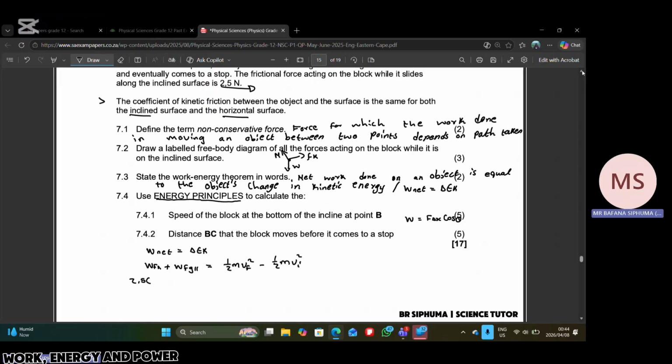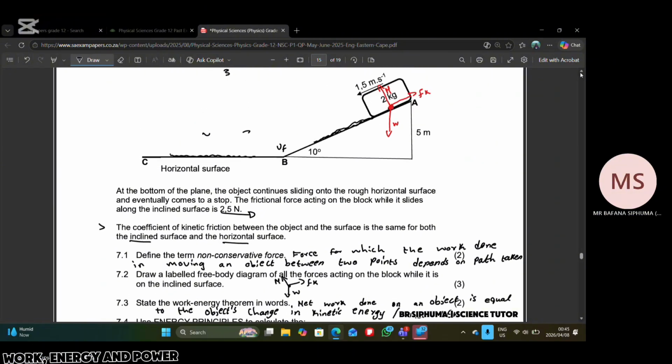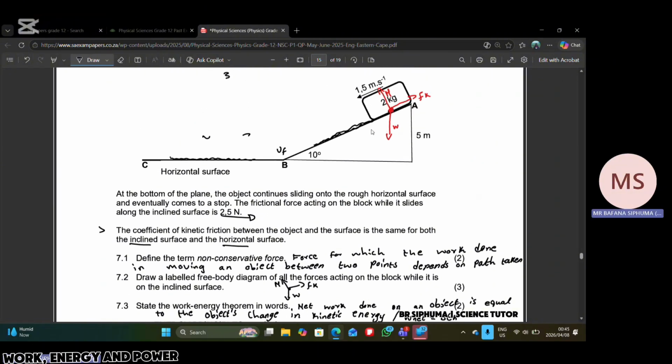Were we given the distance? No, we were not given the distance, but we can express the distance in terms of 5 meter and the angle, right? Because this is a right angled triangle, and in a right angled triangle we have ratios. So this is my hypotenuse. I want to express it.